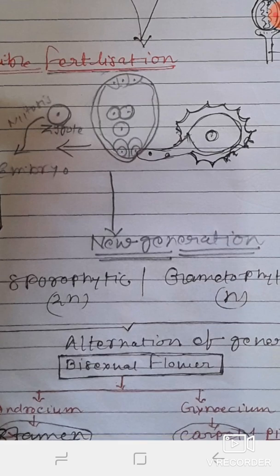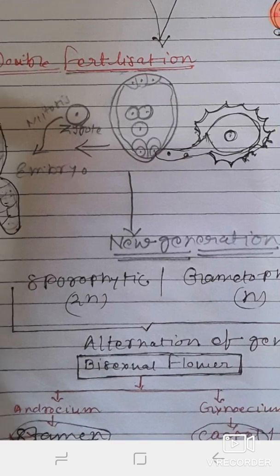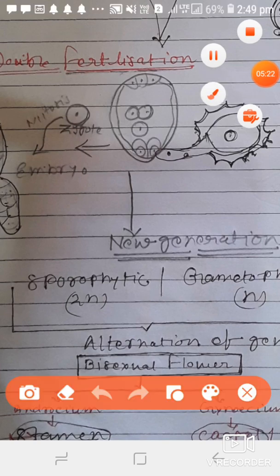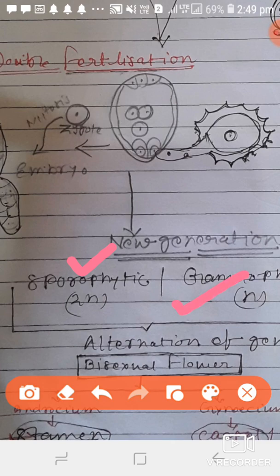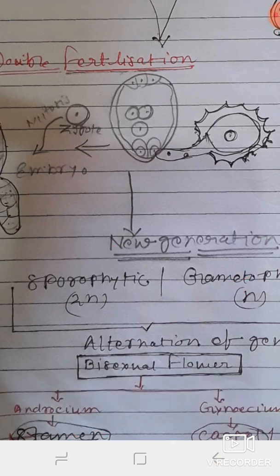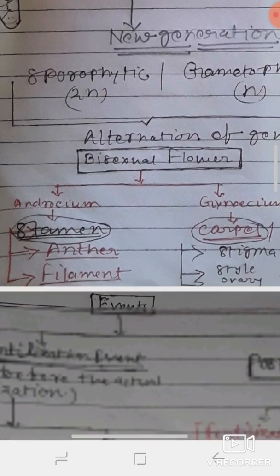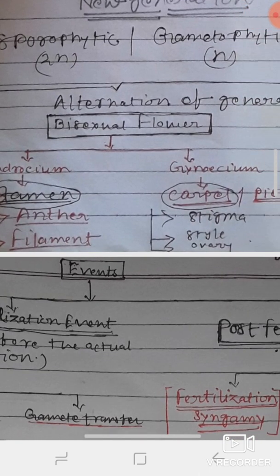Furthermore, you can observe here, when the new generation is produced after the complete process of fertilization, it may be either sporophytic, means diploid 2n, or gametophytic, means haploid. You already know about the life cycle of plants.